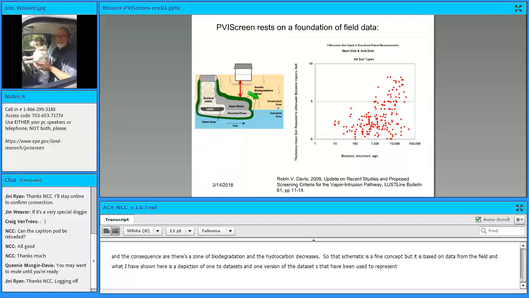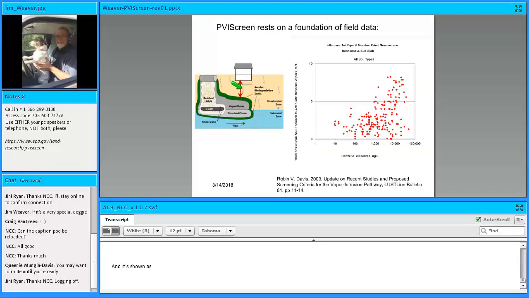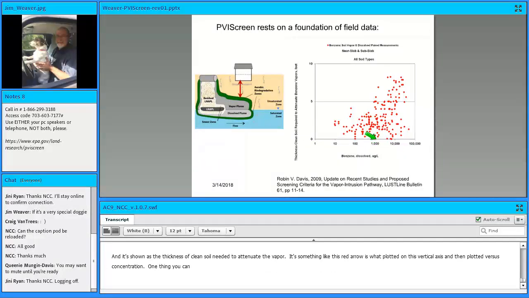The data are represented as the thickness of clean soil needed to attenuate the vapor. So it's something like this red arrow that is plotted on this vertical axis, and then it's plotted versus concentration. One thing you can see is if you look at concentrations below about 1,000 micrograms per liter, you'll see about 5 feet is about enough to degrade the hydrocarbons.